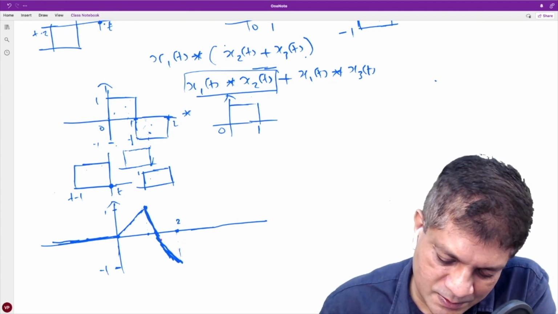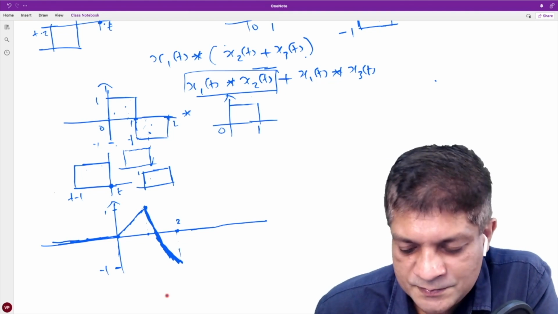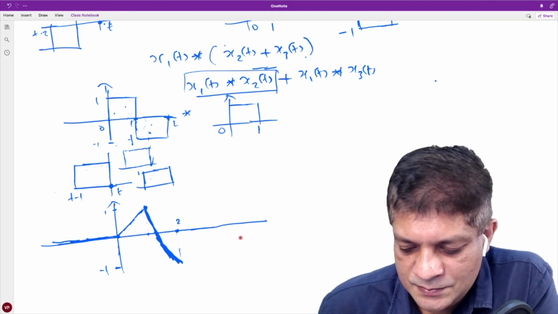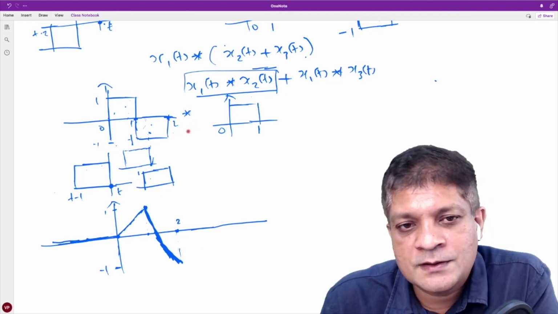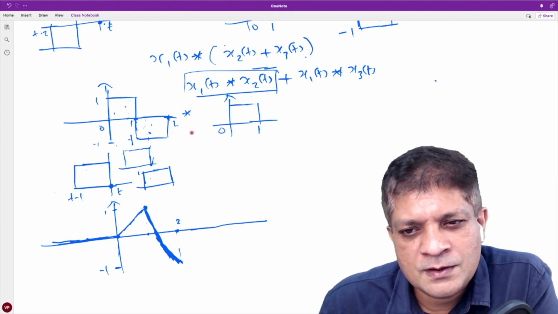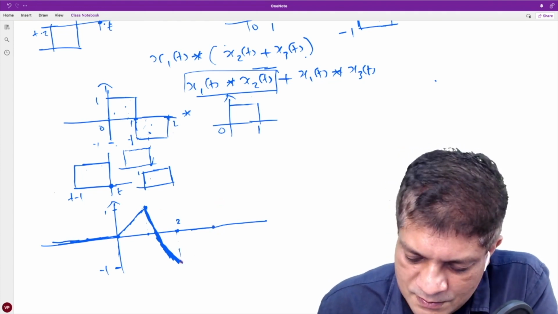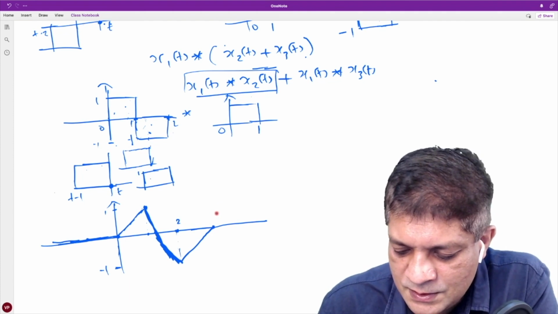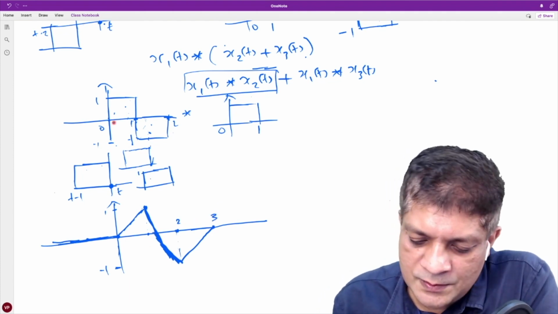Even though my drawing is not linear, this is linear. Then what happens? It increases with a linear slope up to t equals 3 and then becomes 0. Okay, that is the convolution of these two.